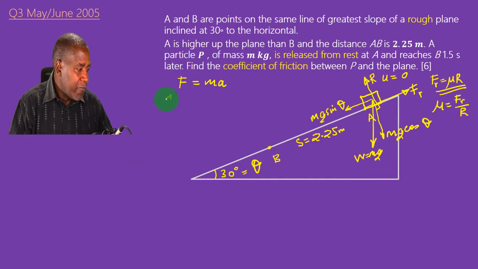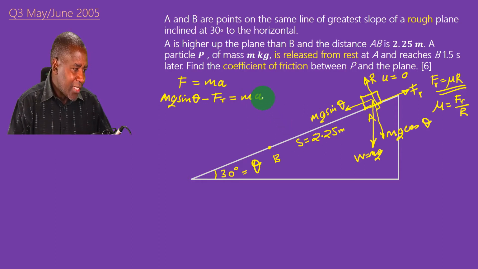The force acting in the direction in which the object is moving is mg sine theta, sine 30, minus the frictional force. And I know the friction force is given like this, mu R, is equal to ma.